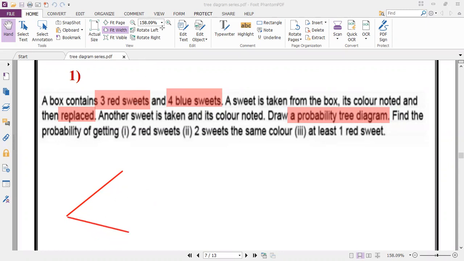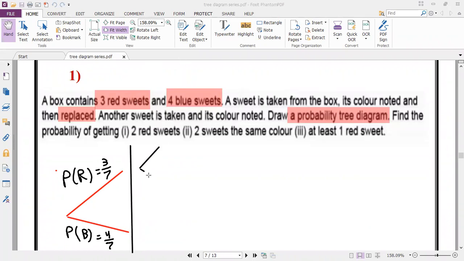Okay. So the probability of getting a red, P(R), equals what? 3/7. And the probability of getting blue will be what? 4/7. This is the first time. For the second time, after getting red, we have 2 choices.